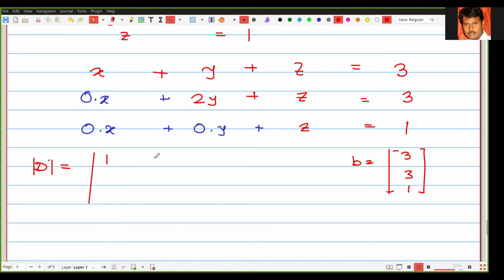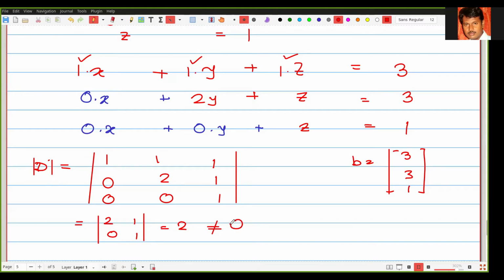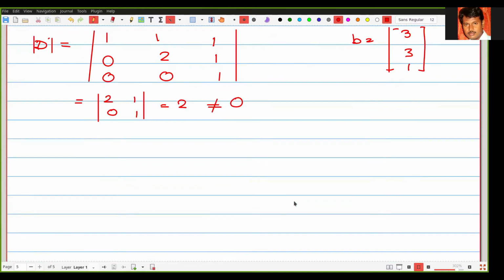That is 1, 1, 1, then 0, 2, 1, then 0, 0, 1. So what is the value? The value is 2, and that is not equal to 0. So Cramer's rule can be applied here.